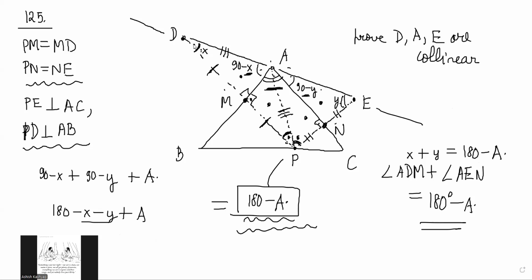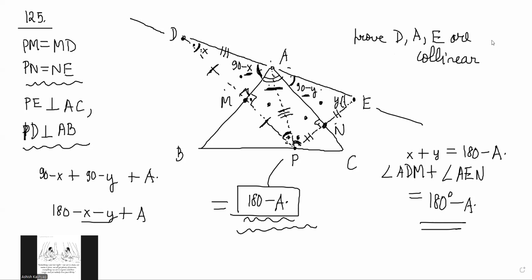If I call this X, I know this is X, and this is Y because this is Y. So X plus Y plus A is 180. That's correct. And if my angle here is X and this is 90, this is 90 minus X, this is 90 minus Y. I have to check whether it all adds up.